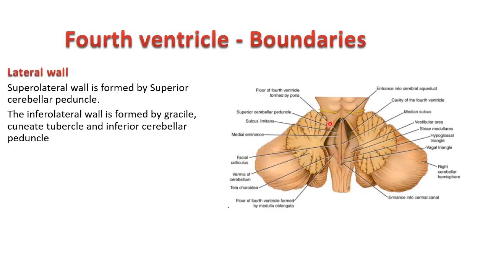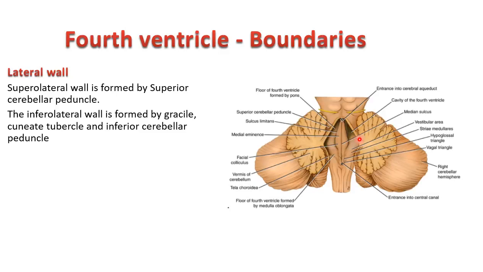Here you are able to see the superolateral wall is mainly formed by the superior cerebellar peduncles, which extend from the midbrain. Near the midbrain they converge and form the roof, but as you trace them laterally, they form the lateral wall of the ventricle. The upper lateral wall is mainly formed by the superior cerebellar peduncles.